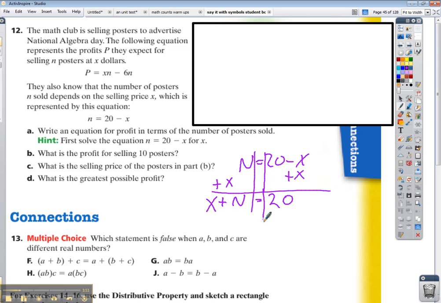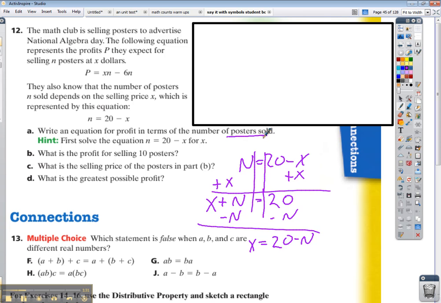So then, let's get the X by itself, so subtract N, subtract N. Now you cannot combine a number and a variable, so you're just left with X is equal to 20 minus N. And that's it.